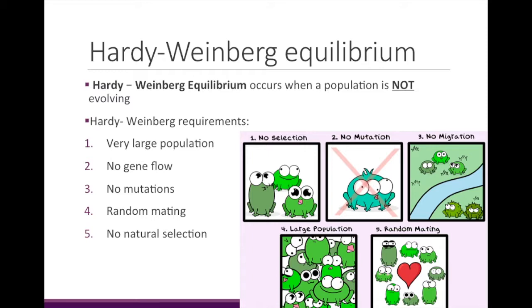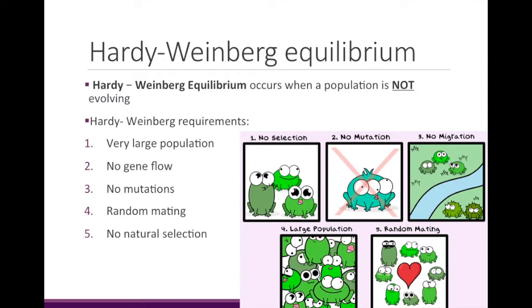The first requirement is that the population should be very large. You can see that in this picture of frogs, where there are a lot of frogs. This means that as alleles fluctuate due to random chance, the effect is smaller in a large population. A population that is smaller is likely to be more affected by any random fluctuations.